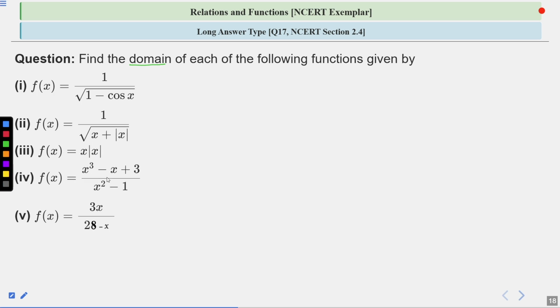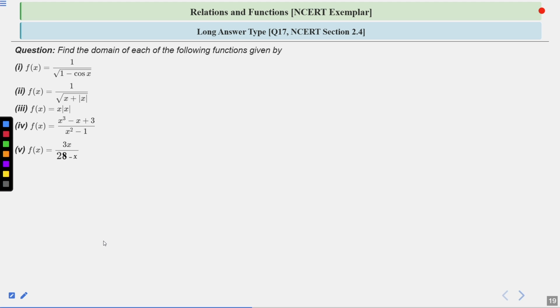Fourth one is x cube minus x plus 3 by x square minus 1. And fifth is 3x by 2x minus 1. You will have some seconds to try this problem, then afterwards we will move on to the solution slide. So your time starts now. The time is up. Moving to next.